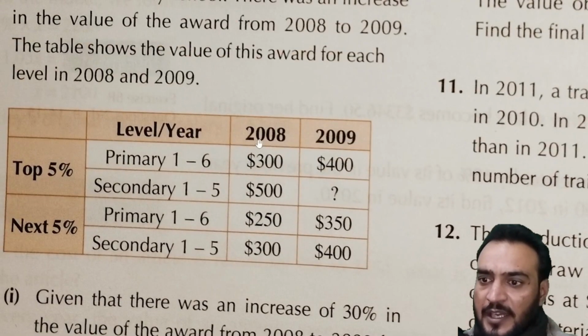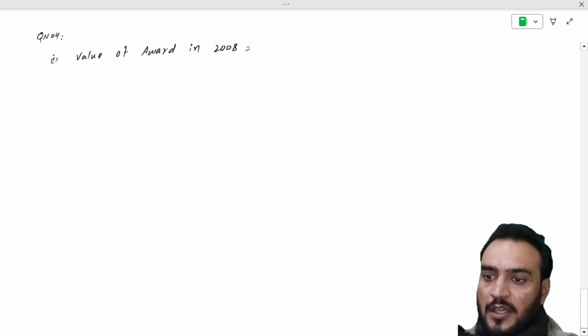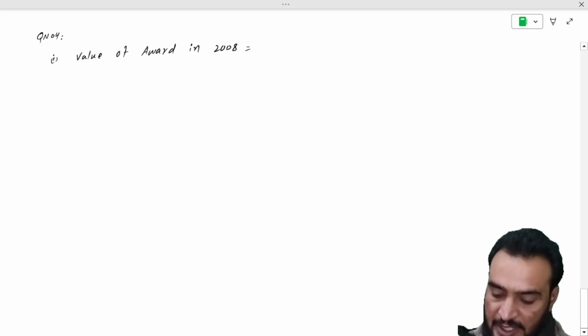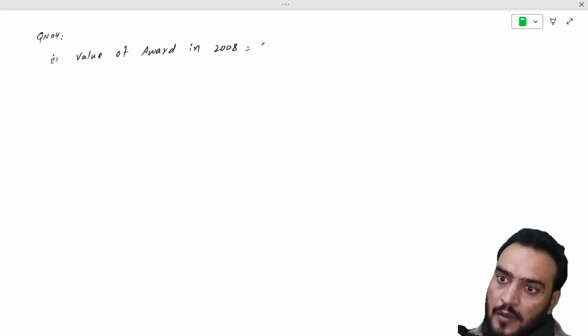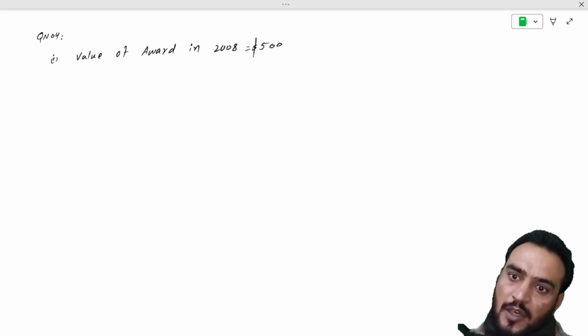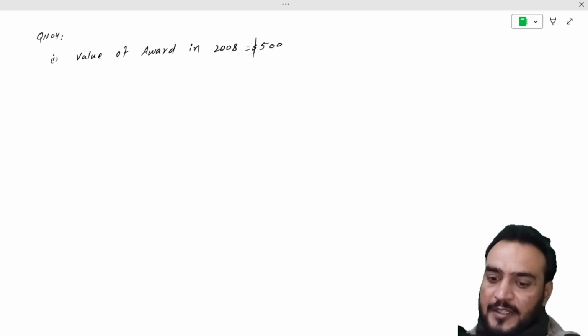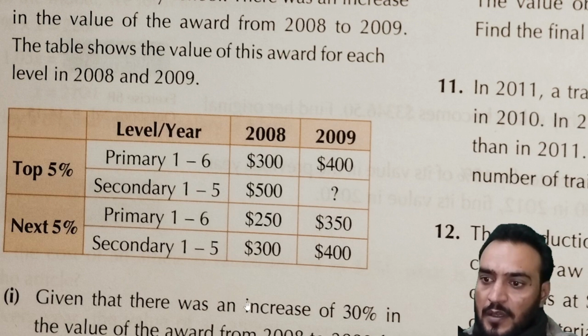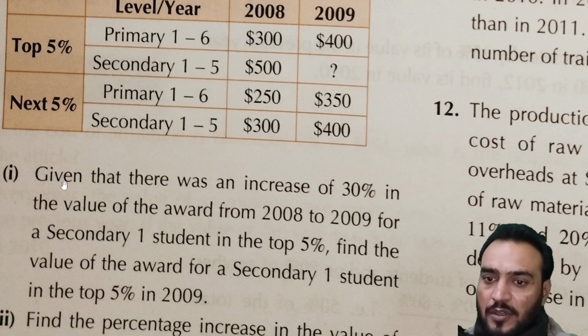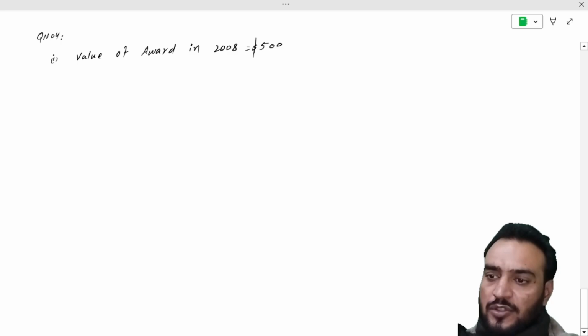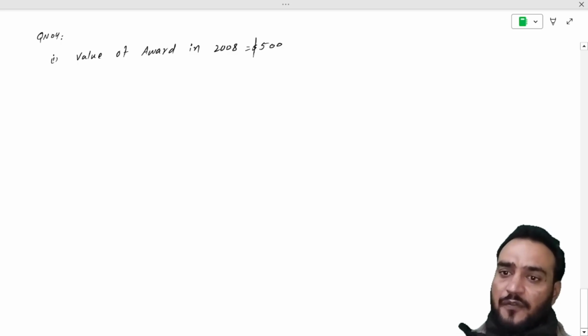You can see over here, this is 2008 and the value of award in 2008 is $500. So the increase in the value of award is 30%. He is saying in part one that there was an increase of 30% in the value of award from 2008 to 2009. So we first find the 30% of 500.